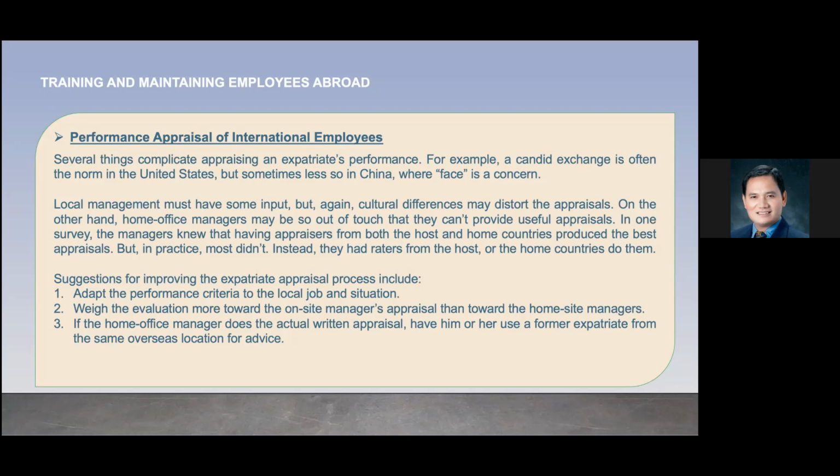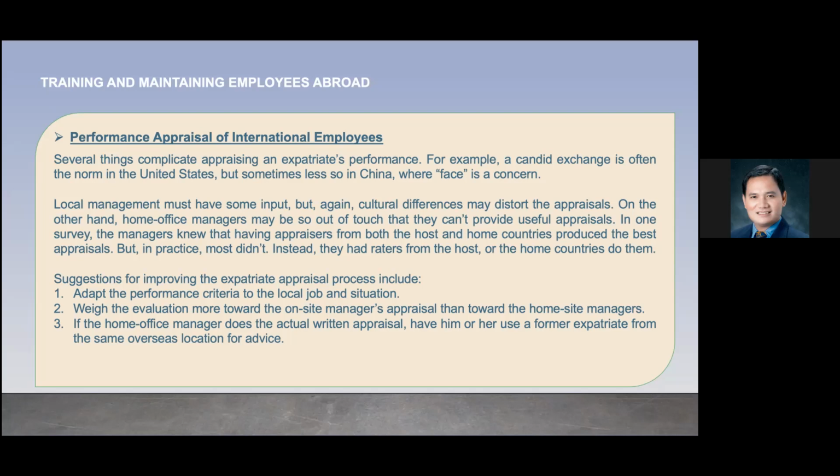In one survey, the managers knew that having appraisers from both the host and home countries produced the best appraisals, but in practice, most didn't. So instead, they had raters from the host or the home countries do them. Here are some suggestions for improving the expatriate appraisal process.